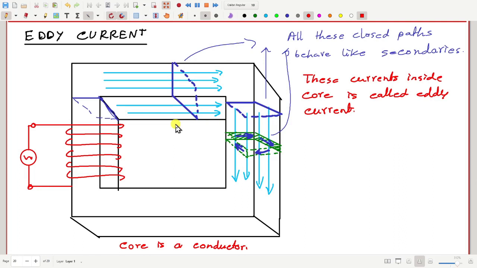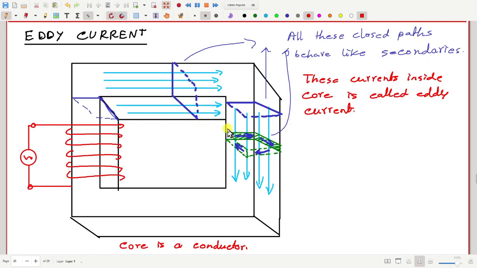That must be coming, in some way, from the source. Otherwise, where is it drawing the energy from? So even if there is no secondary coil, current is flowing inside the core, causing heating and wasting energy. So that way energy is lost. That is one bad effect.